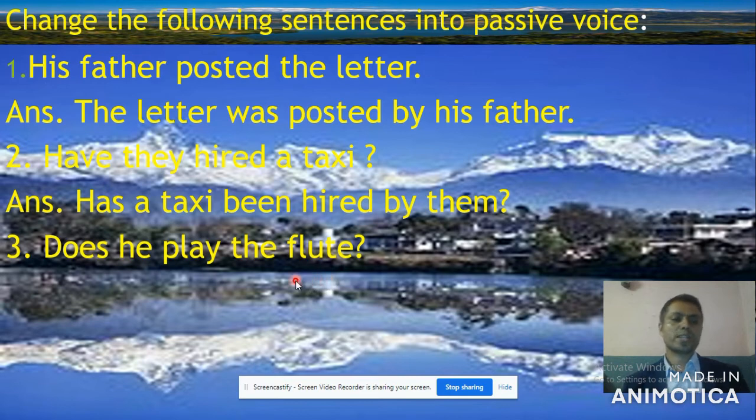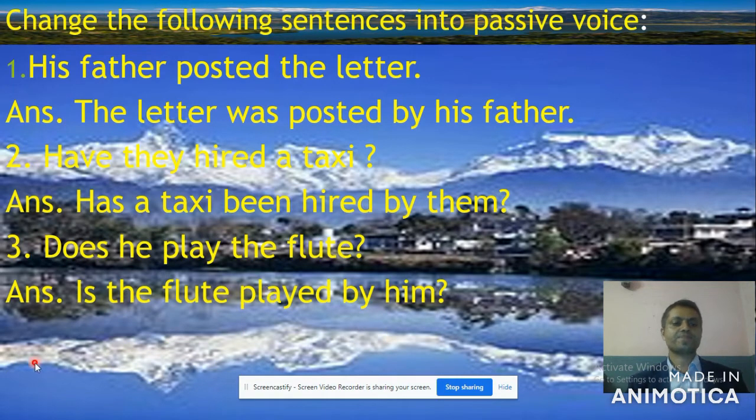Now, very first you have to identify that the flute is the object, which we are going to make the subject in passive. Play is the verb, and there is does he. Does he play the flute? Its answer is: is the flute played by him? Look here. Simple uses is, am, are, was, were.